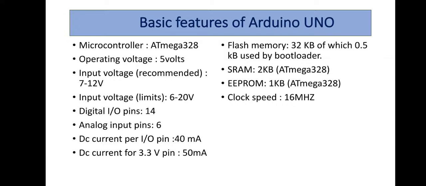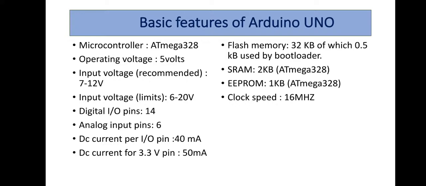It needs 5 volt. So when we connect the Arduino to the laptop, it will automatically get 5 volt. Next is input voltage. We can apply an input voltage from 7 to 12 volt, but it is best to use 5 to 7 volt.